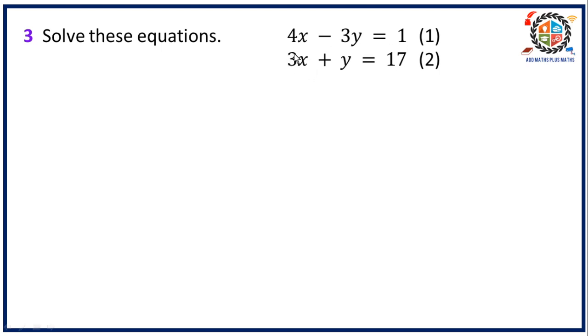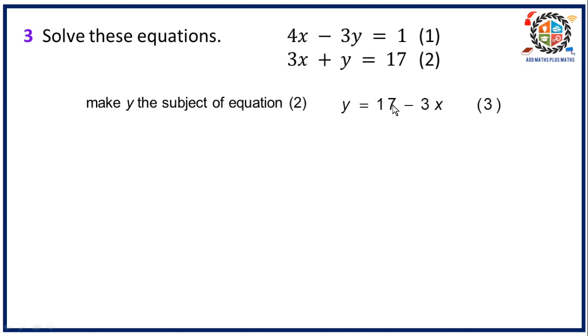If I bring 3x to the right side, I need to subtract 3x from both sides of equation number 2. So y is equal to 17 minus 3x. Work on the simpler equation first.